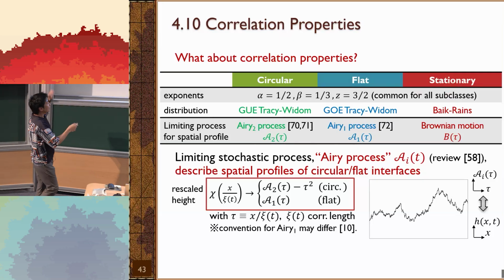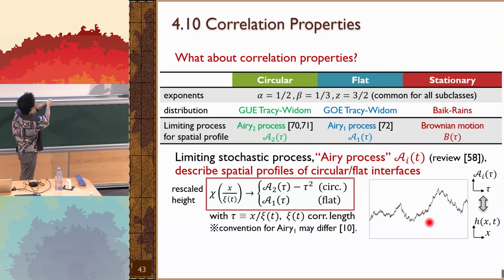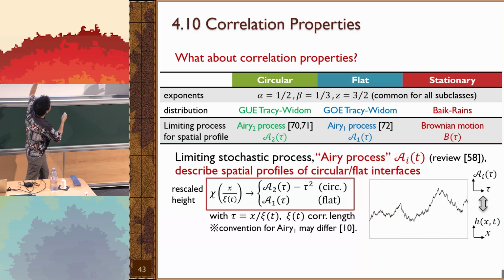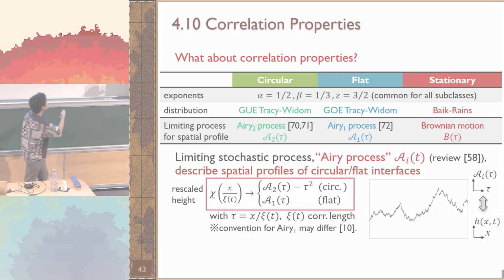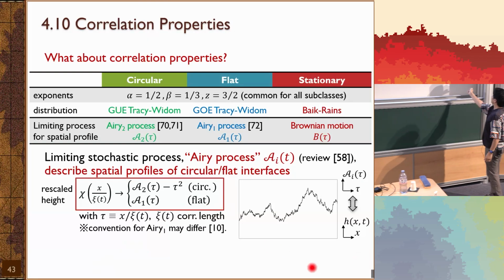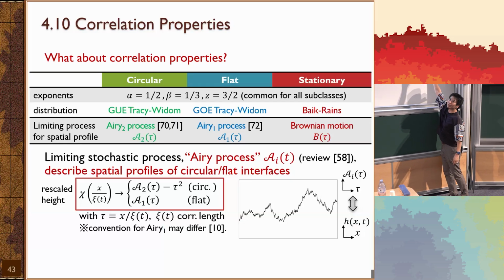Limiting processes mean, so this is a profile of the interface for one given case, let's say. Horizontal axis is x, and vertical axis is h. And of course, if we want to characterize asymptotic properties, the scaling limit, we have to rescale x by the correlation length.